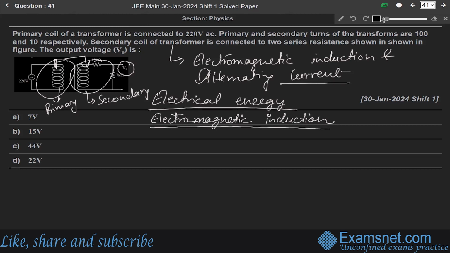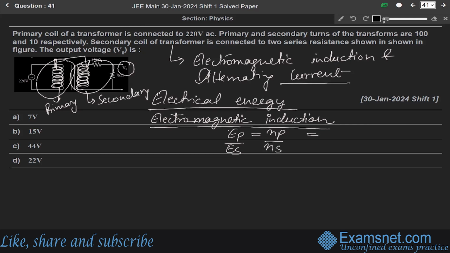Now there is a direct formula between the EMF and the number of turns: EP over ES equals NP over NS, means EMF of primary coil over EMF of secondary coil equals number of turns in the primary coil over number of turns in the secondary coil.